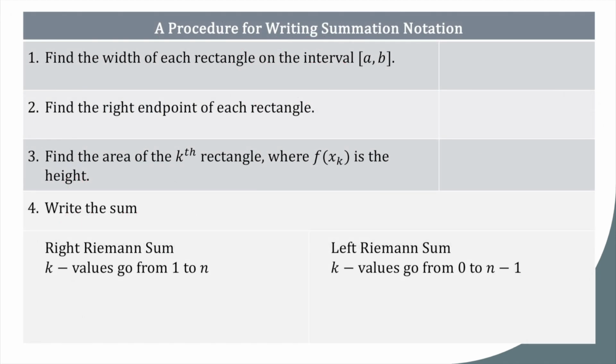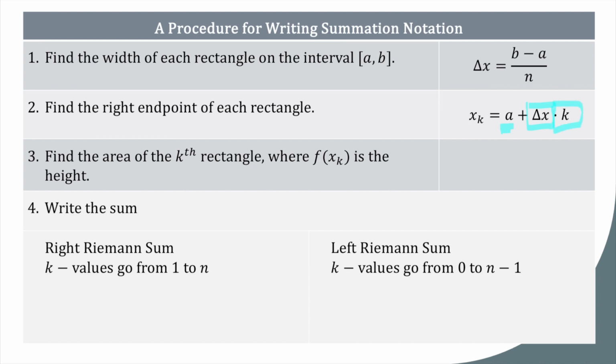That seems like a lot, so here's a quick summary of what we just did. Find the width of each rectangle, so that's b minus a over n, that's your delta x. Find the right endpoint of each rectangle, so that's your starting point plus the width of each rectangle times k.